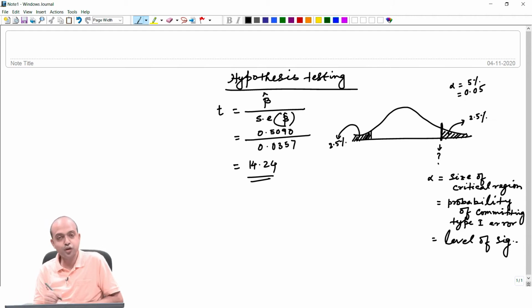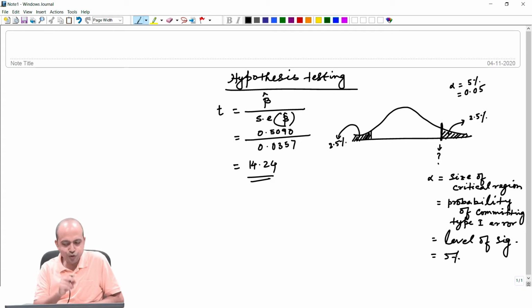These are the three interpretations of alpha, and that is equal to 5%, right. So, we are saying that we will commit 5 type 1 errors in 100 cases, right. That is the pre-specified level of alpha we have kept.